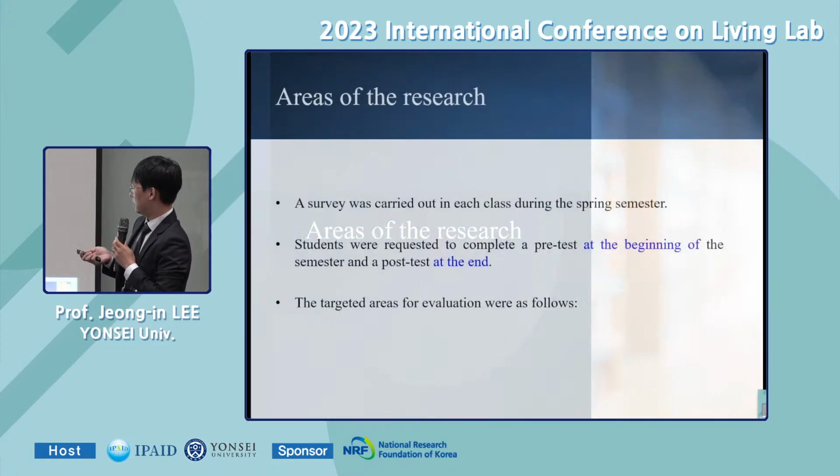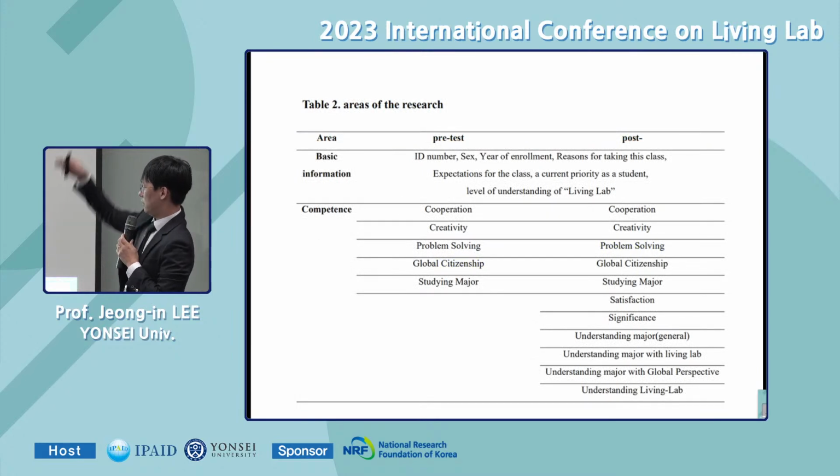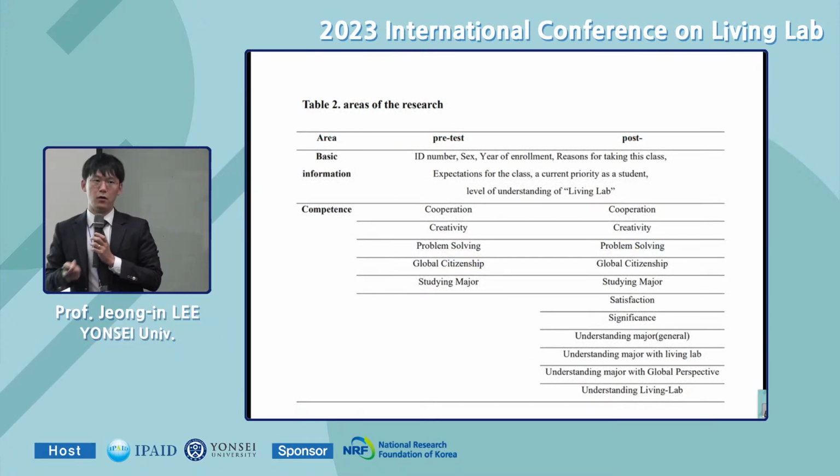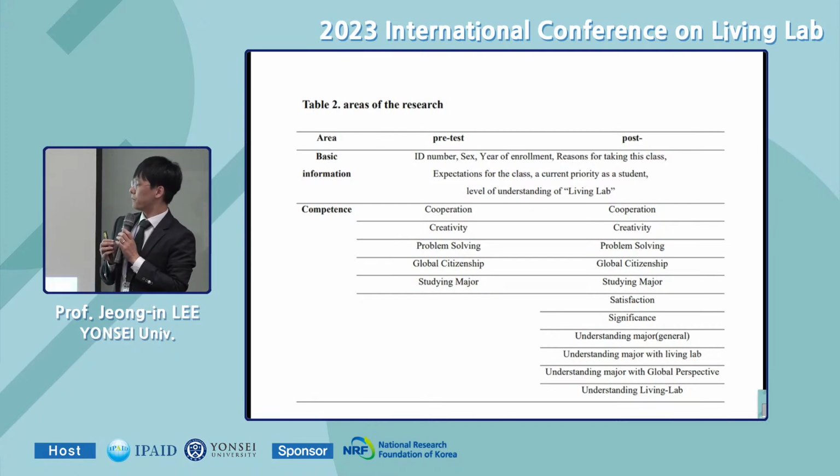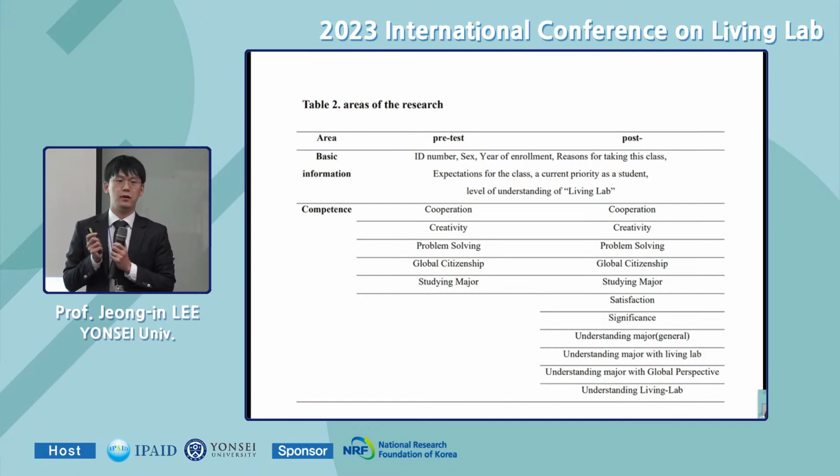Let me see the whole areas of the research and the whole items. First of all, as we are going to make a pre and post survey with a t-test, analysis of factors, or other technical methods, we need an ID number for students' identification.